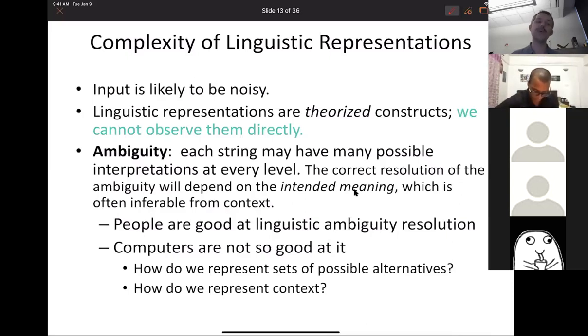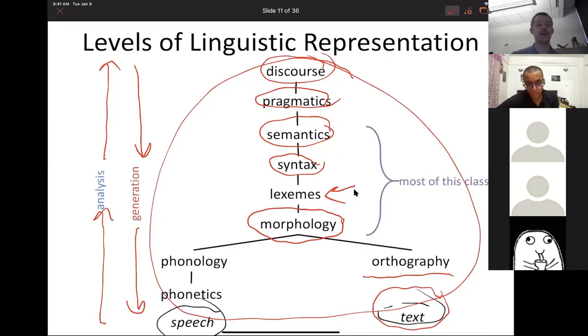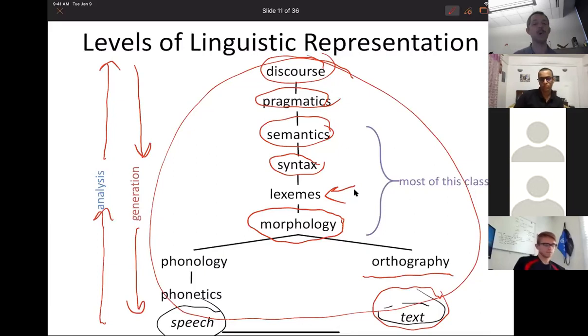And there's also the problem of ambiguity. Each string can have many possible interpretations at every level, at each of those levels of representation that we talked about back here. So it's not just that a string has one representation at the syntactic level or the semantic level. It can have multiple different representations.